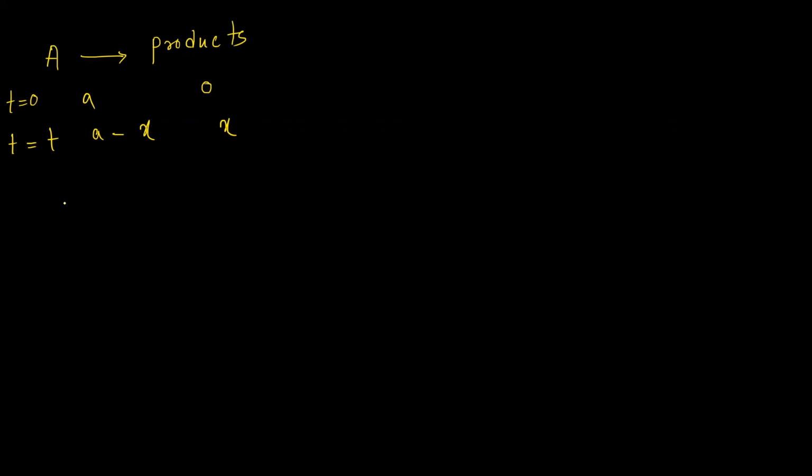As this is a first order reaction, we can write rate is equal to rate constant K multiplied by concentration of A power 1. We can write an expression like negative sign change in concentration upon change in time is equal to rate constant K into concentration power 1.